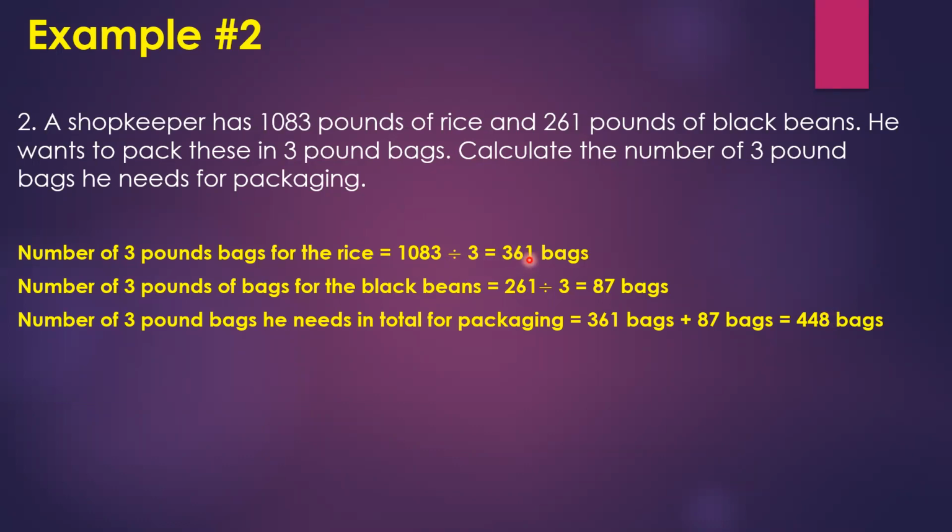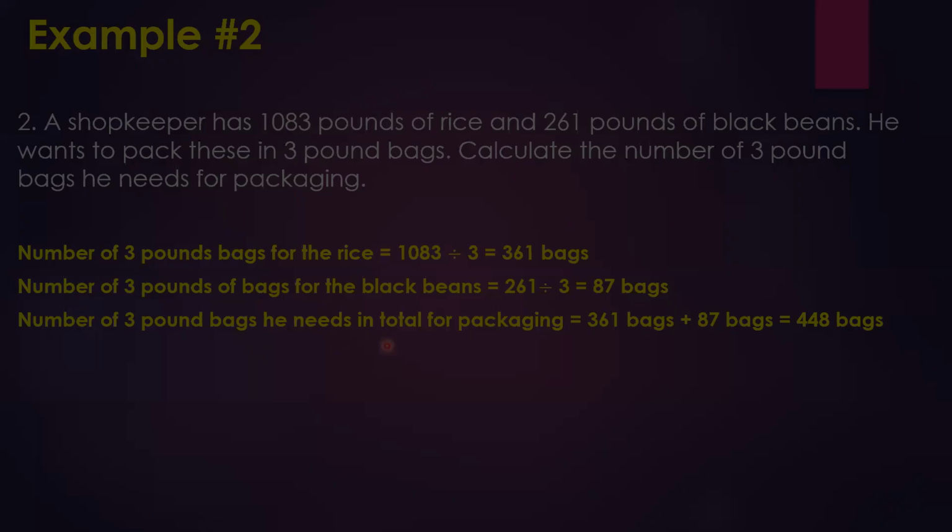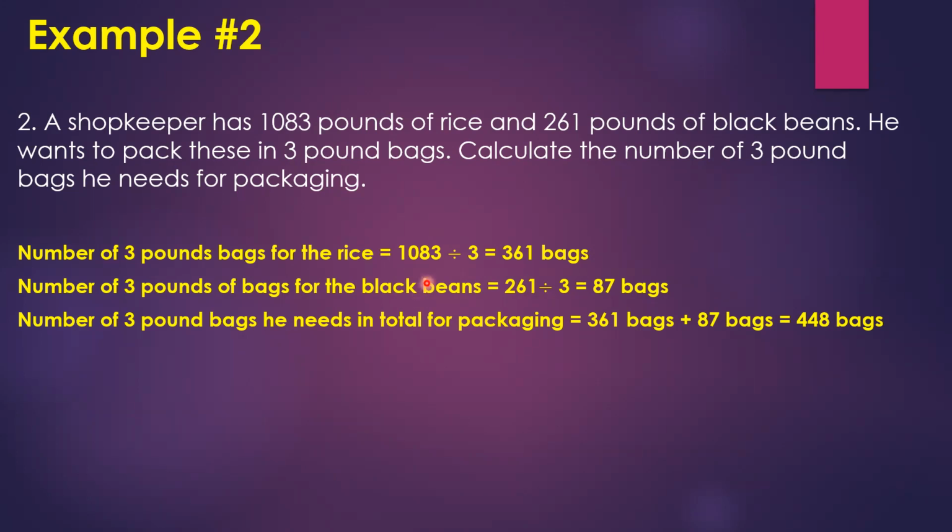Then we divide 261 by 3, which gives us 87. Then we add all of them together, which gives us 448 bags. Very good. So you have to divide first to get the number of bags for the rice, and then divide again to get the number of bags for the black beans. And then for the last one, you add them up to get the total number.